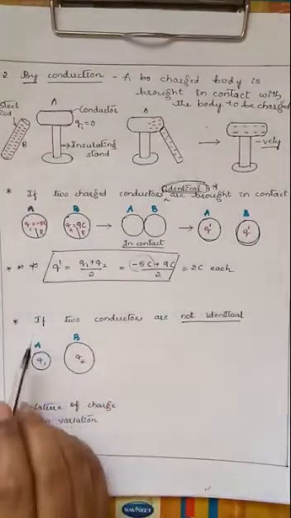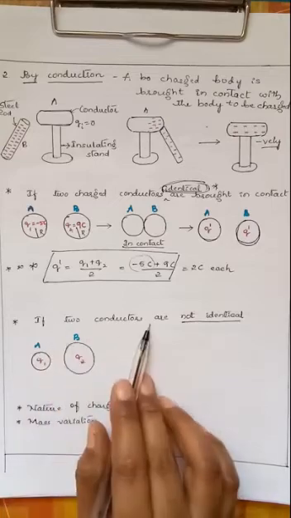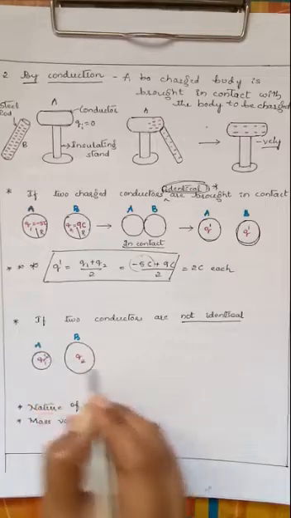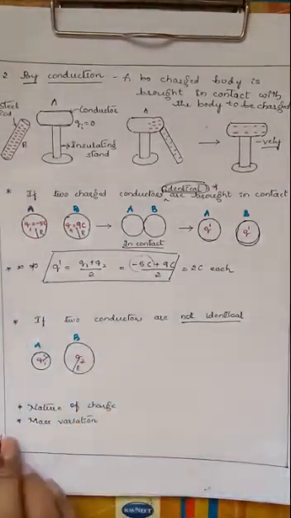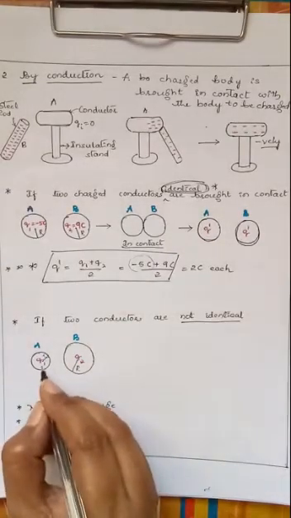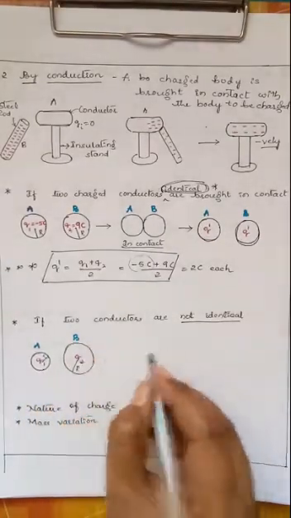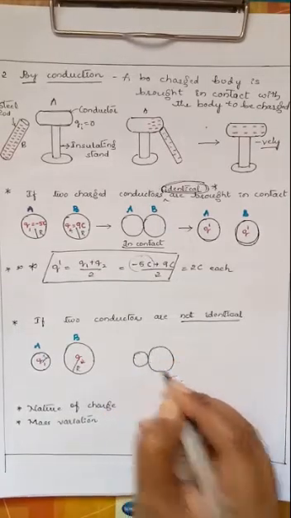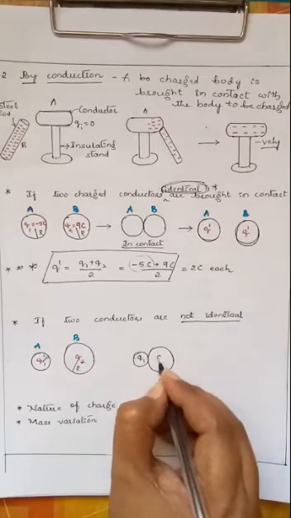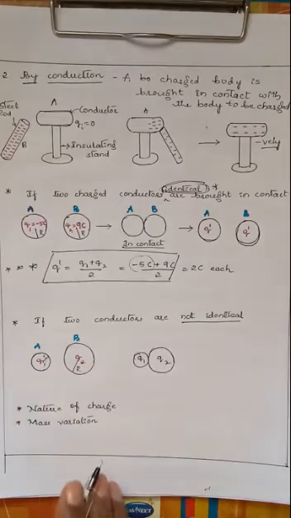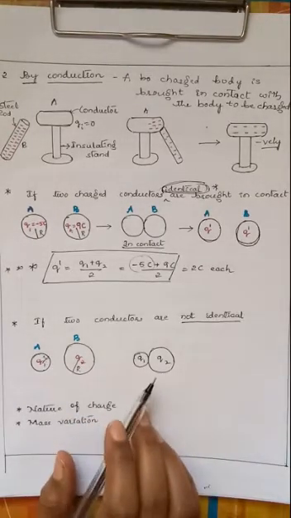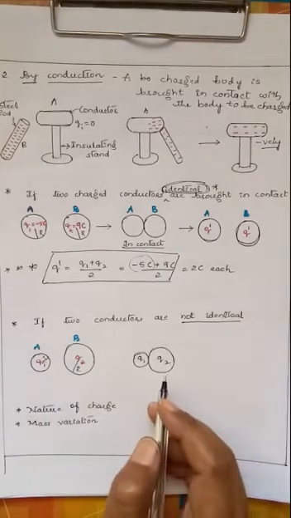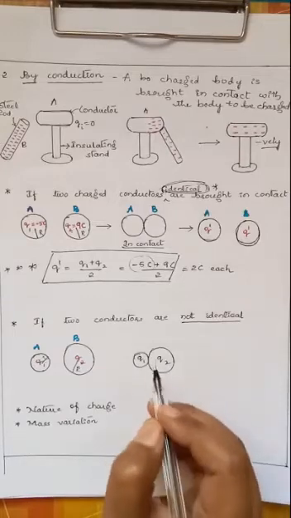Now the second case: what happens if the two conductors are not identical? Let me take them of different radius, one of small radius and another of large radius. Suppose they have initial charges q1 and q2. If I bring them in contact and separate, you cannot decide the new charge on them unless you have an idea of electrical potential. Like the flow of heat, even here the flow of charge will take place from one to another.